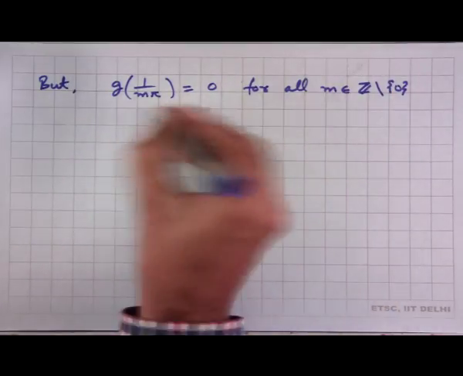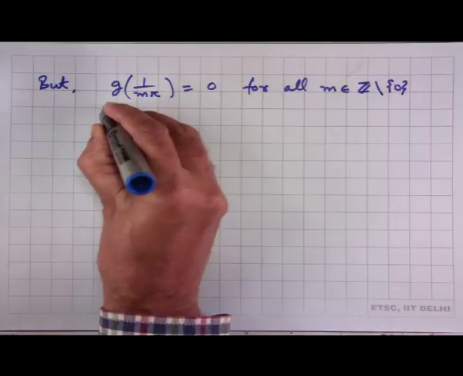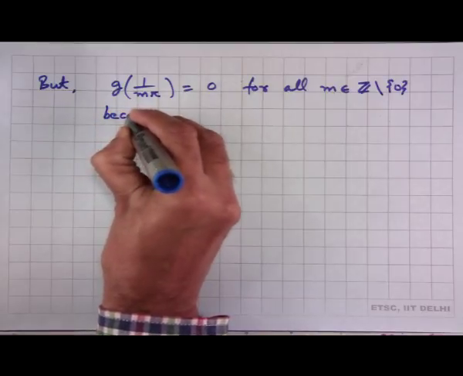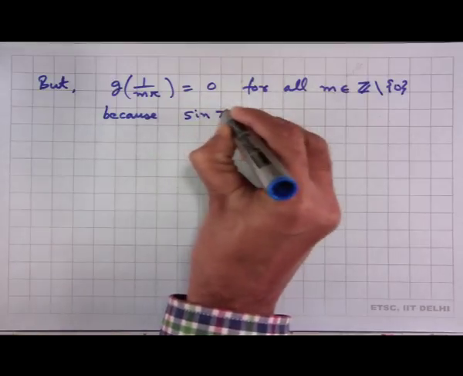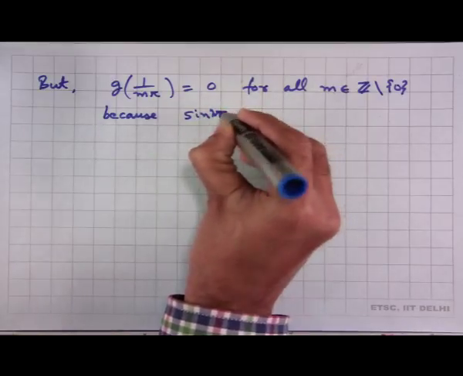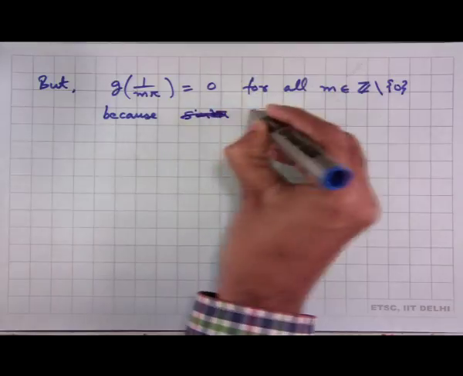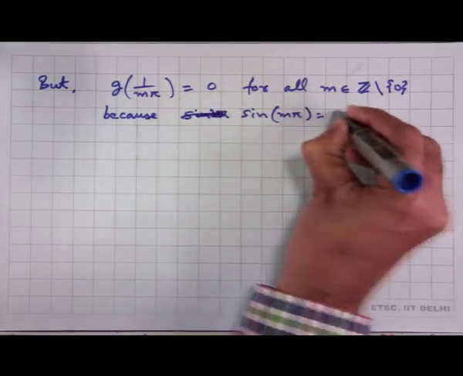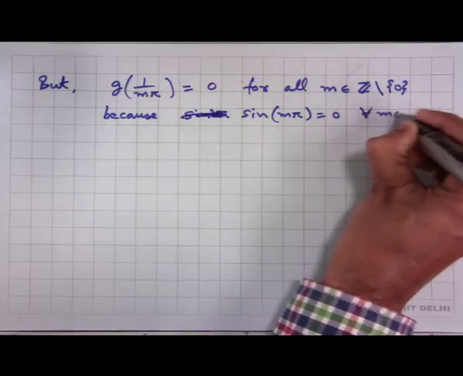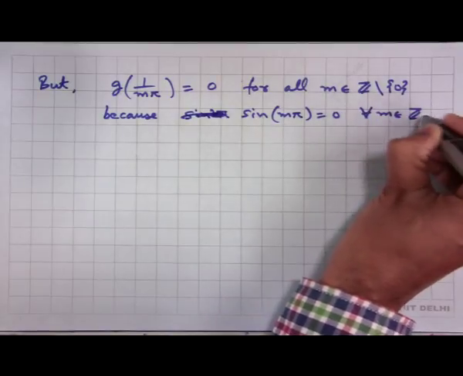This is because sine of m pi is 0 for all m in integers.